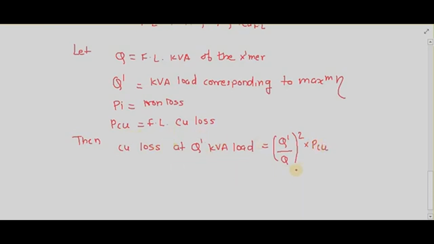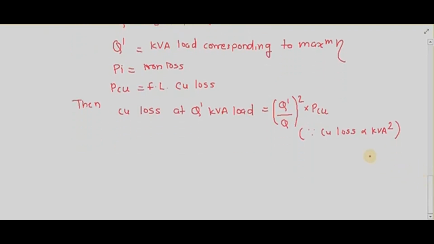Right? Why is this like this? Because my copper loss is proportional to kVA square. Why kVA square? Because my copper loss is proportional to current square and my kVA is proportional to current. That's why I can write copper loss proportional to kVA square.